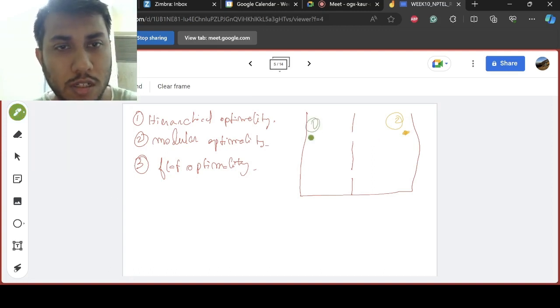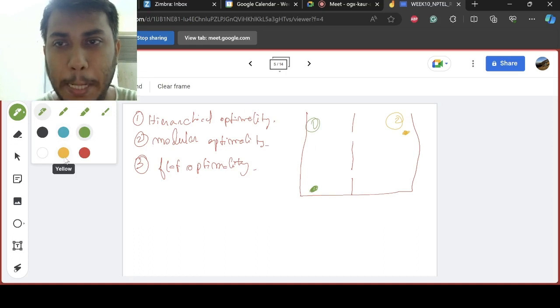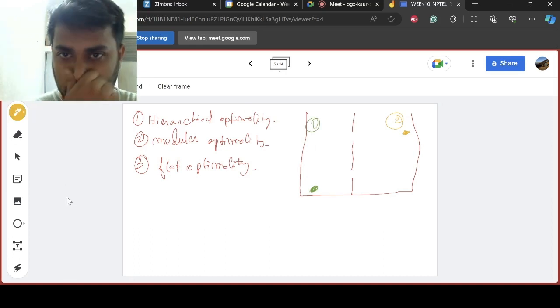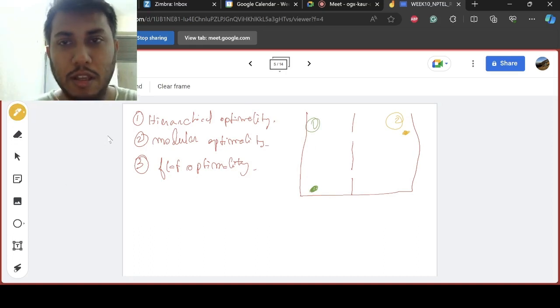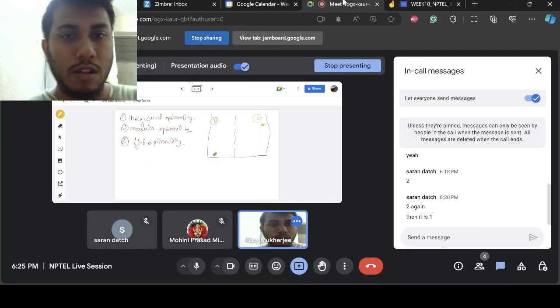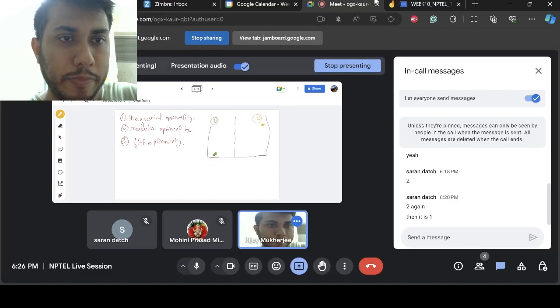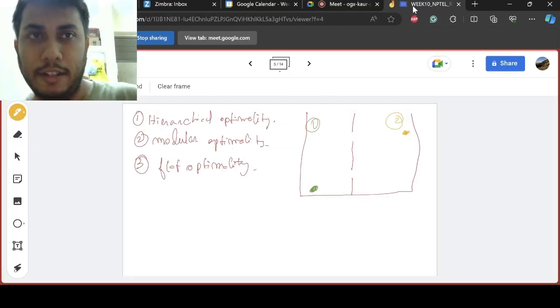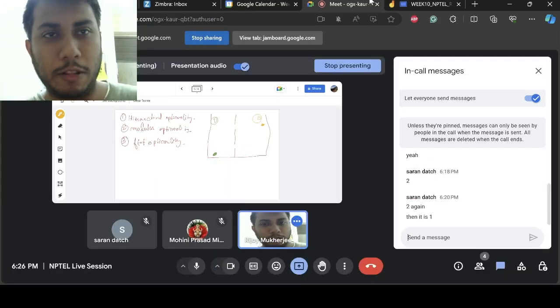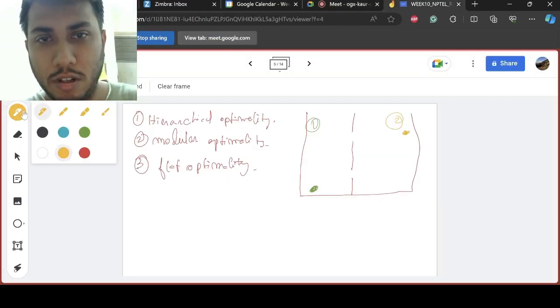This is room 1, and this is your start state. Okay, fine, that is not an issue. This will be enough.